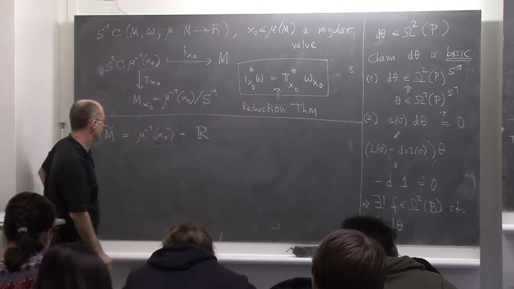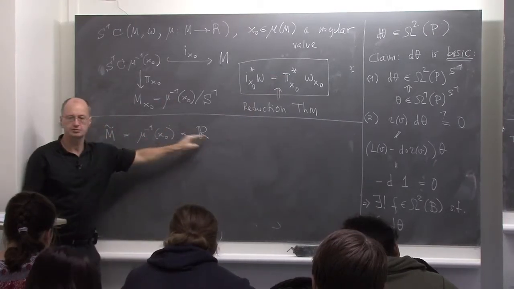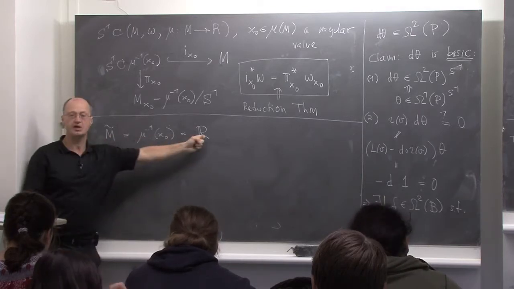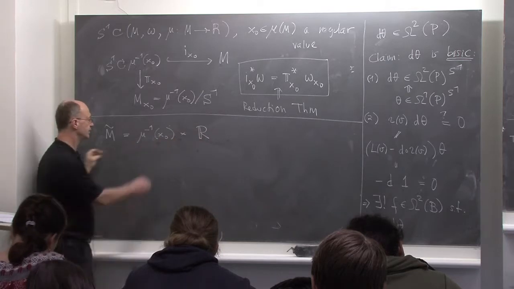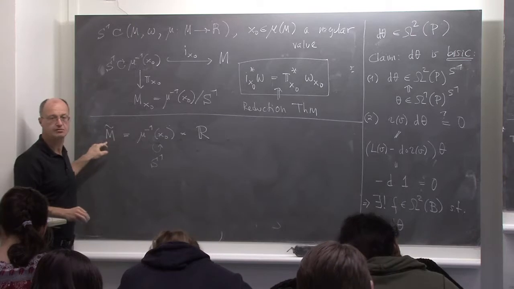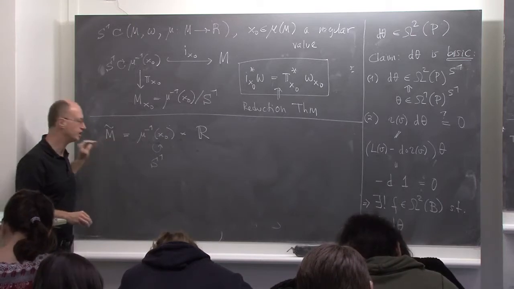I would like to equip this space with a symplectic form. It already has an S1 action, so this is an S1 space.